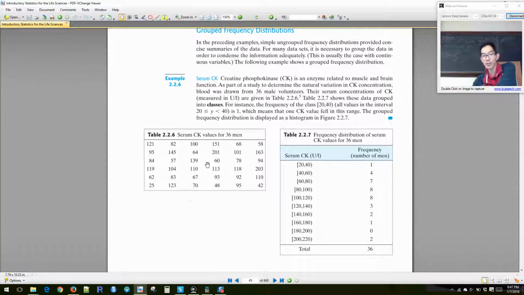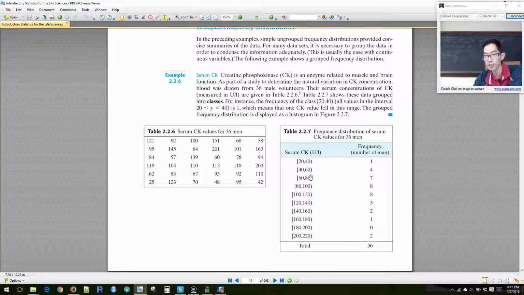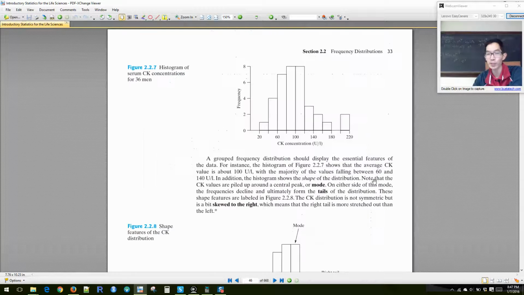These are 36 values of people's cholesterol levels, and they created a binned histogram this way. They said basically from 20 to 39.99, the curved parenthesis means up to but not including 40, there was one person in that range, and from 40 to 59.99, there were 4 people, and they graphed the histogram accordingly. So from 20 to 40 is our one person, from 40 to 59.99 there are 4 people, and so forth.